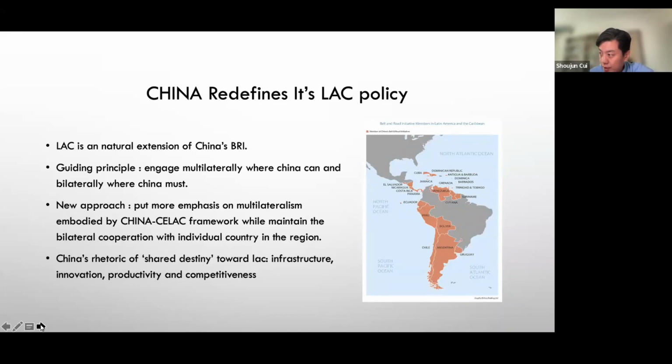If the mechanism is upgraded, it will carry more weight for both China and Latin America. And also China puts forward a shared destiny to Latin America. Infrastructure, innovation, productivity, and competitiveness are the main focus for China-Latin America cooperation.